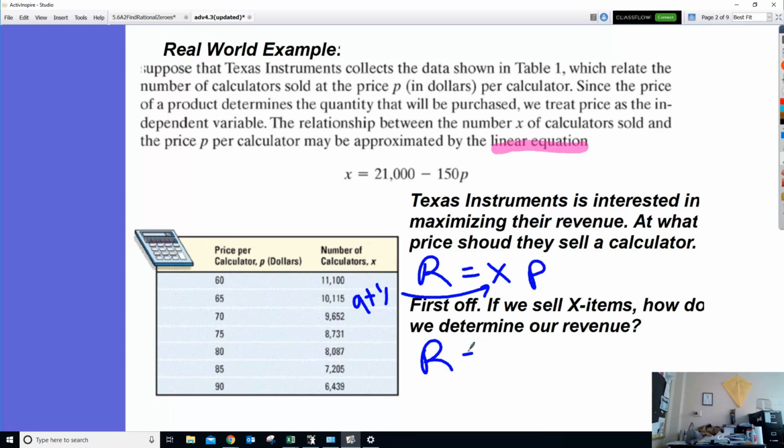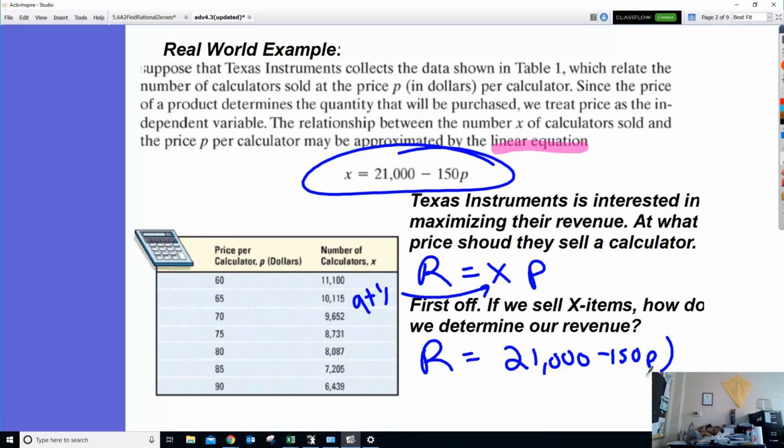The revenue is this X, that guy right there, 21,000 minus 150 P, times what else? What do I still need? P. What you did is you formed a function for revenue in terms of its price. That's all you did.